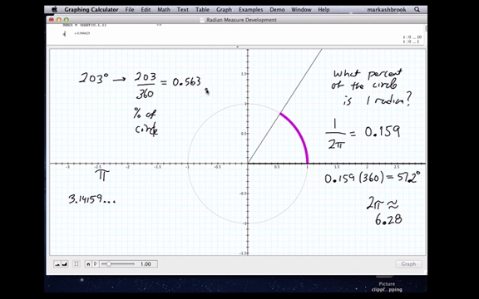Okay, and so then how would we get radians from that? We want that same percent of a full circle of radians, which is 2 pi.